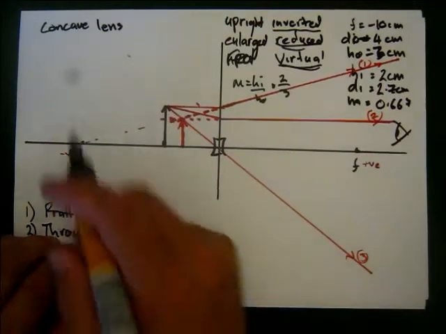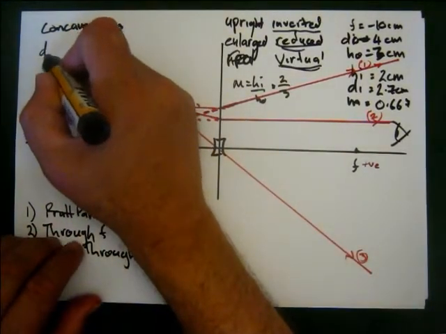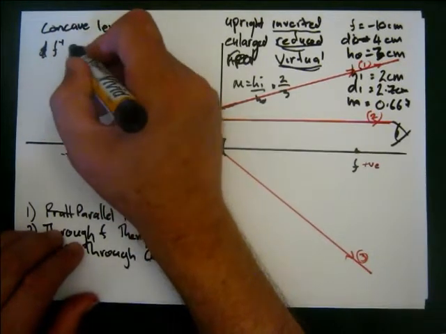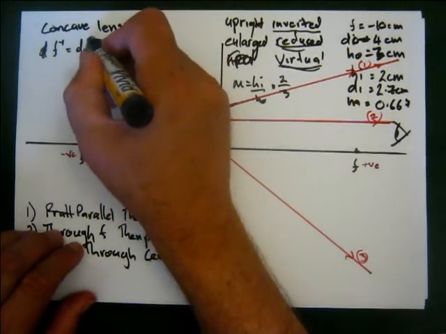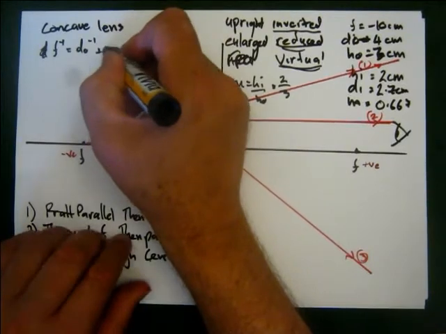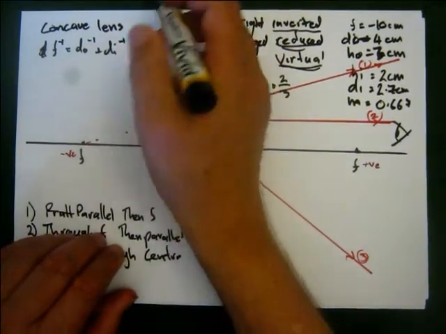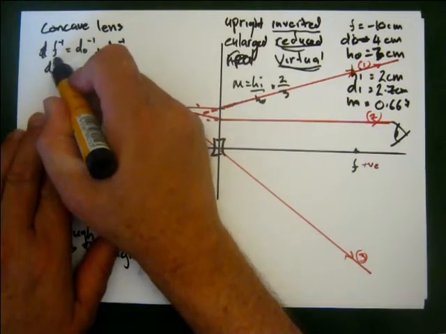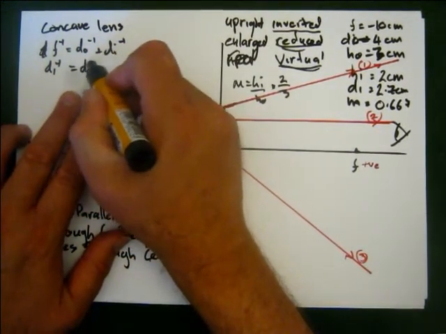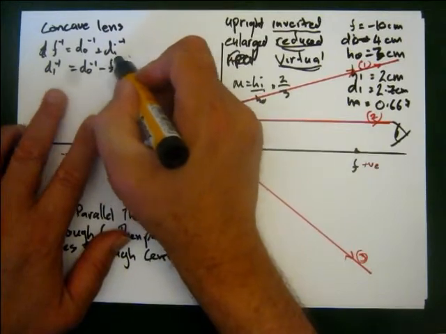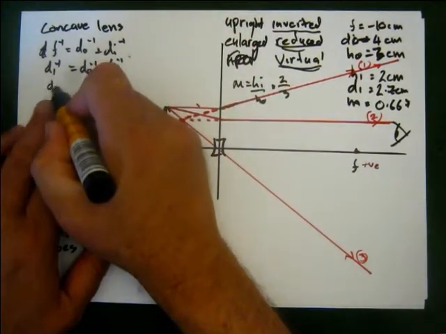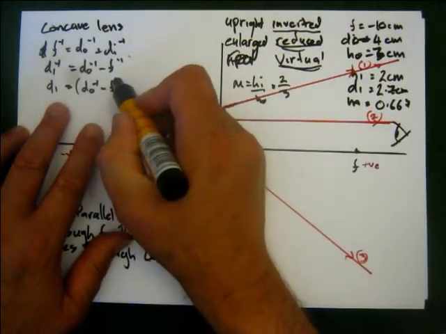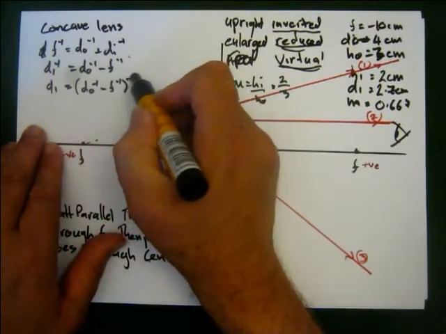Let's go up here for a change. F inverse equals DO inverse plus DI inverse. Rearrange that, so we're trying to find DI. DI inverse equals DO inverse minus F inverse. DI equals DO inverse minus F inverse, all to the inverse.